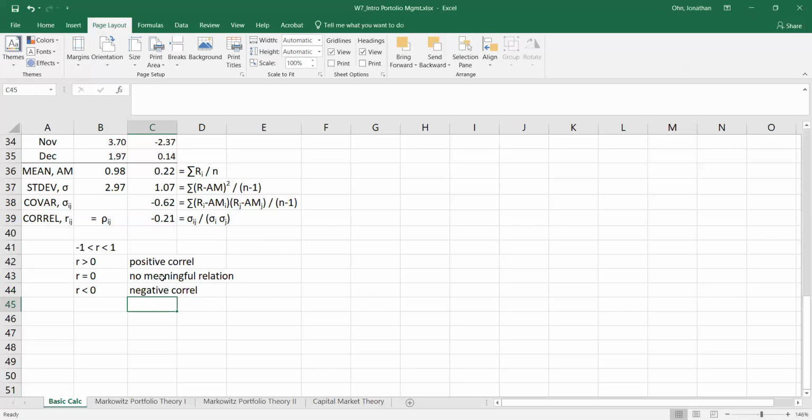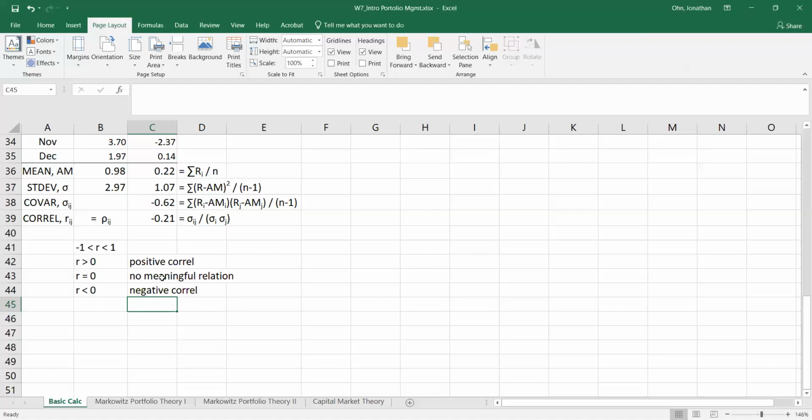As you see, the S&P stock portfolio and the T-bills show minus 0.21, right? That means, first, this is negative correlation. They tend to move in the opposite direction, but it's not very strong. If it were 0.7, 0.8, 0.9, then we could say it is a very strong negative correlation. But this one is a weak negative correlation.